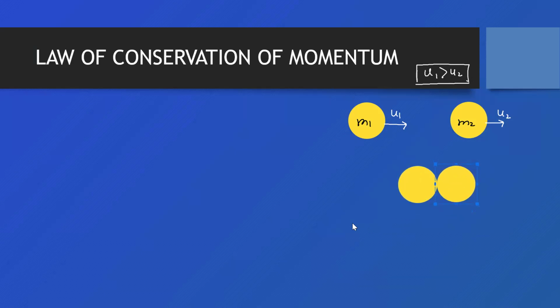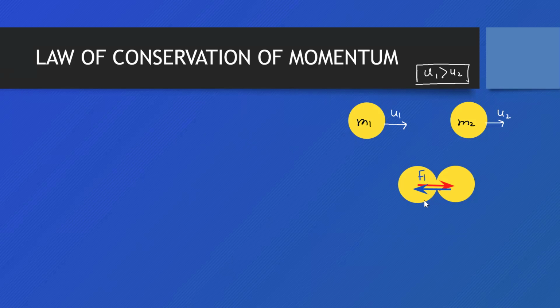So we would simply say that body number one is going to impart a force on body number two, and body number two is going to impart a force on body number one. So in this situation, there is a force applied by object one on two and by object two on one.